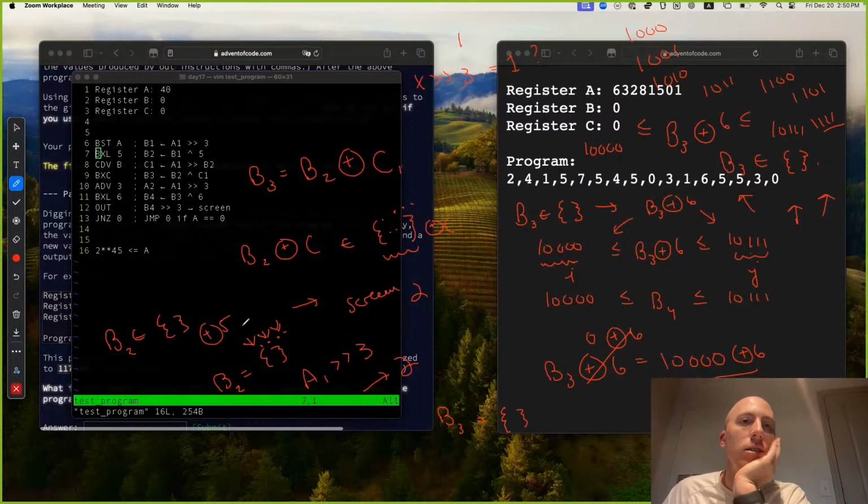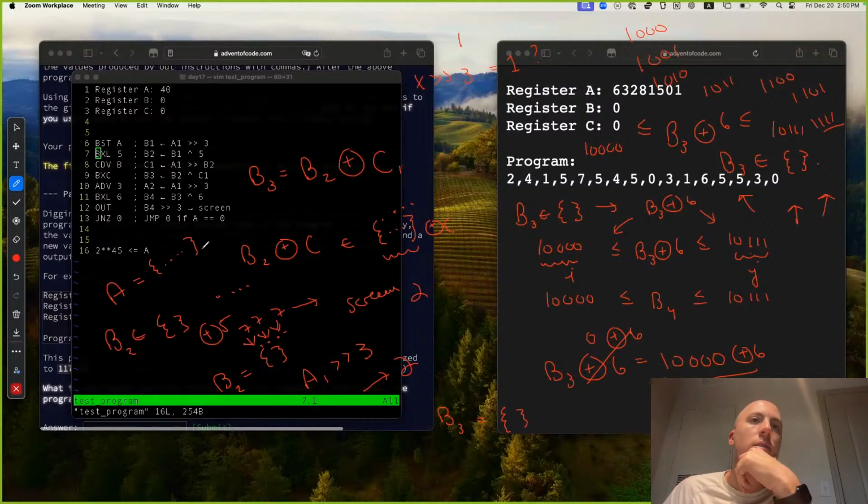So these are going to branch out by a factor of 7 each time. And then the values of A are going to be in here. So if A is any one of these numbers, then we will print out a 2 to the screen.